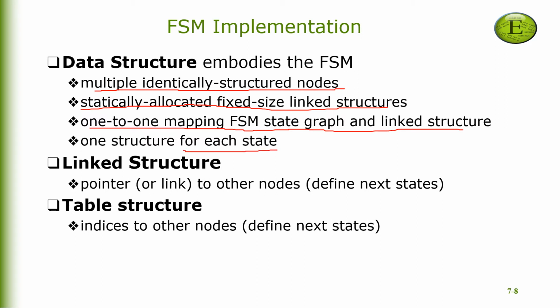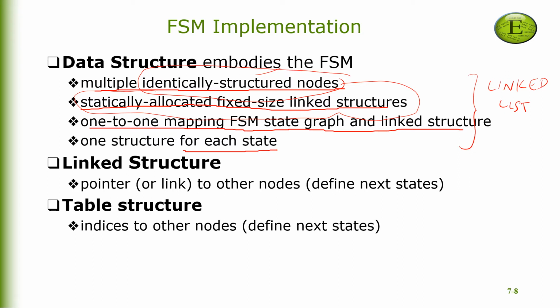So we can think about this type of implementation as a form of a linked list consisting of identically structured nodes and statically allocated fixed size linked structures. These data structures are linked, and each node is identically structured.